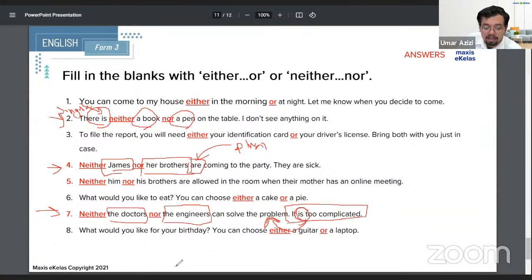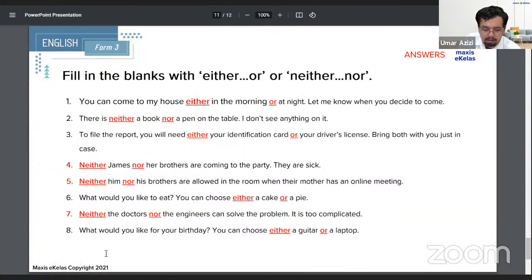Last question I'll ask is if I write, let me write it properly. Either teacher Uma or the students.